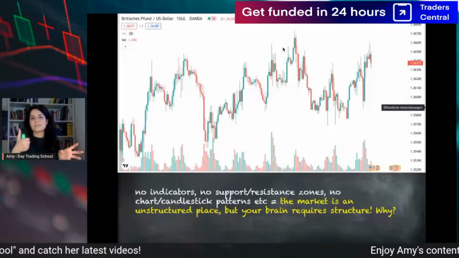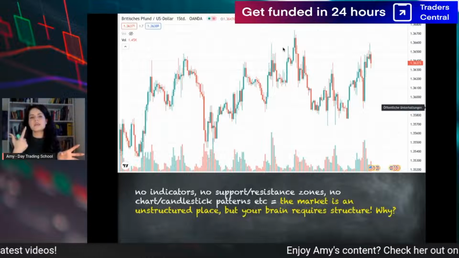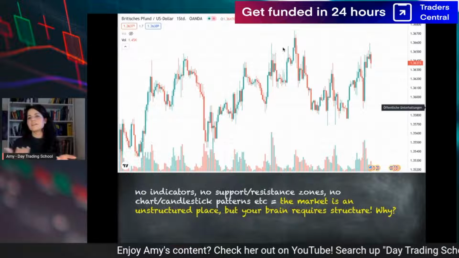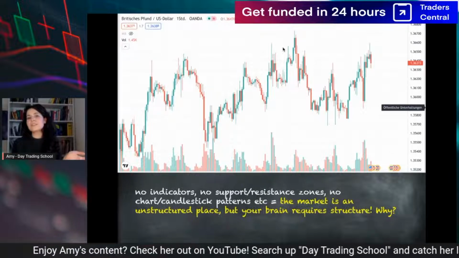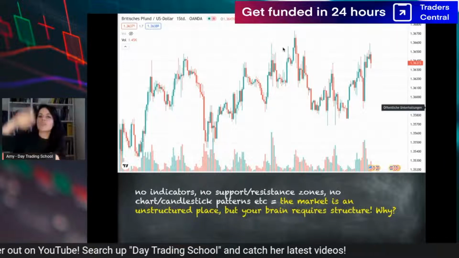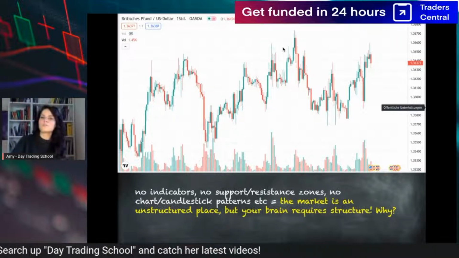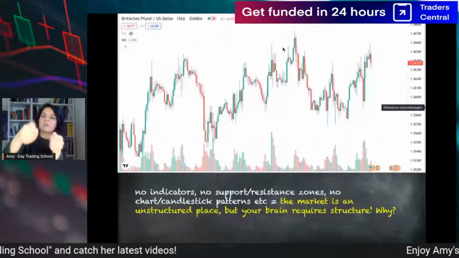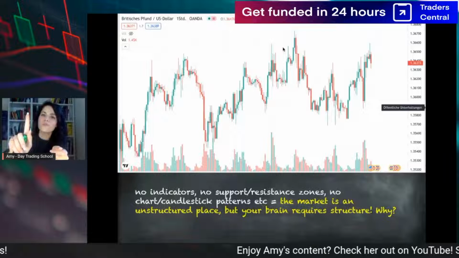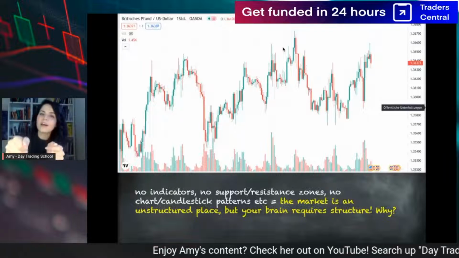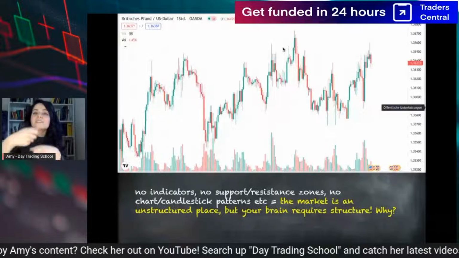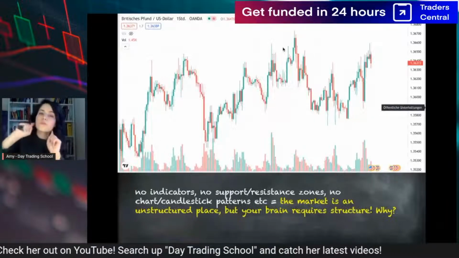Without the indicators, without support and resistance, without all the price patterns and candlestick patterns, it's just an unstructured place, isn't it? You start drawing all these patterns, you come up with Fibonacci, you come up with these zones. This is you. You are creating it, aren't you? And you always have to be aware, and there is no solution for that, that maybe you are spotting something that is just born out of your wishful thinking.